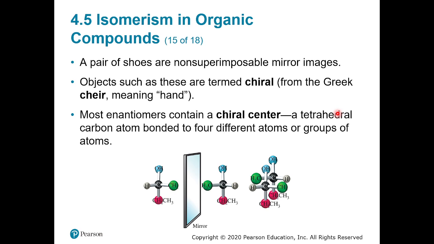Same thing with our toes on our feet, right? We have more than 4 groups bonded to the center, and so we're chiral. Can everybody see with this one that these are mirror images of each other, but non-superimposable, right? You can't just line them up and they merge.